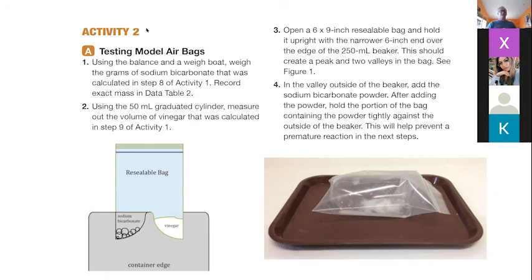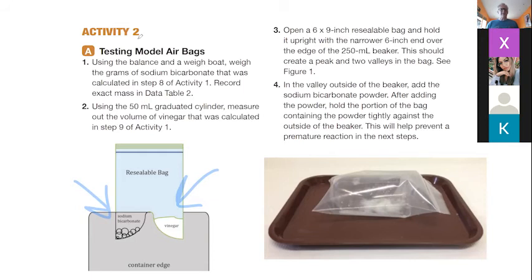These resealable bags, they suggest pushing it down on the side of the beaker, so it makes two separate regions where you can have the vinegar and the bicarb. I had a little trouble doing that.